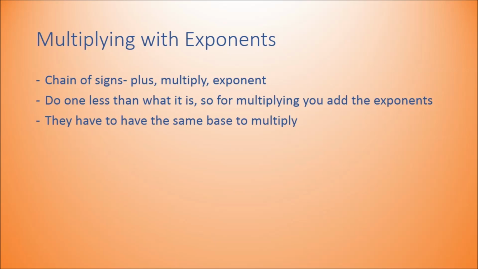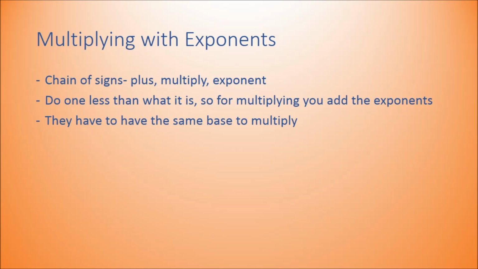Let's get started. So when you multiply with exponents, ultimately you're going to add the exponents. But the way I think about it is there's a chain of signs. You go from adding to multiplying and then to giving something an exponent or a power.